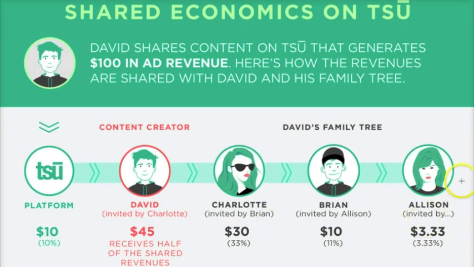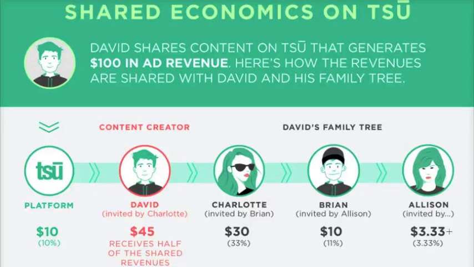But Allison, being at the head of this family tree, still gets a percentage from people down her line. In this case, Brian's child, Charlotte, and David. So David, we had talked about this dollar value and how that worked. Allison still receives a portion of that ad revenue because this is her family tree, and she's responsible for helping to grow and share the Tsu network with other people. That's basically how the family tree concept works as far as revenue.